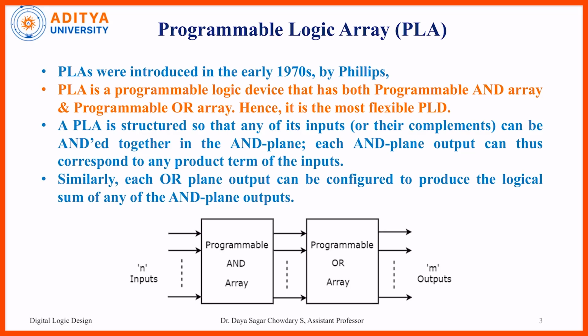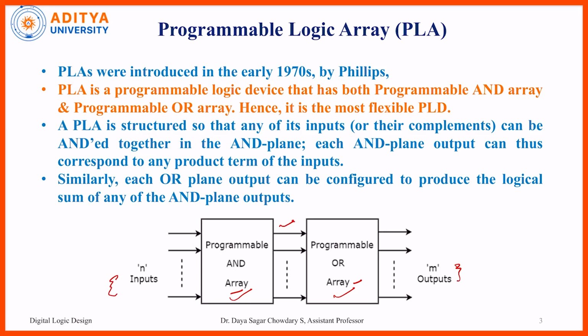Here we can observe the block diagram, which contains the programmable AND array and programmable OR array. So two blocks are there. Here, an array means a collection of many AND gates, and an OR array means a collection of OR gates. Here we are applying n inputs and we are taking m outputs.